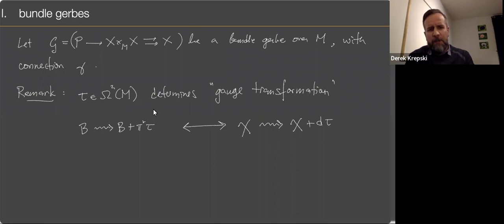And so you can push B around, or translate it by tau, and the result is that the 3 curvature gets moved by d tau. Okay, but we'll come back to that a bit later.